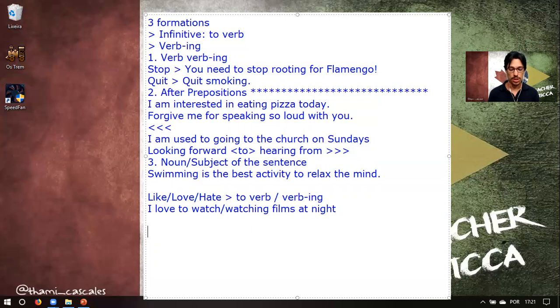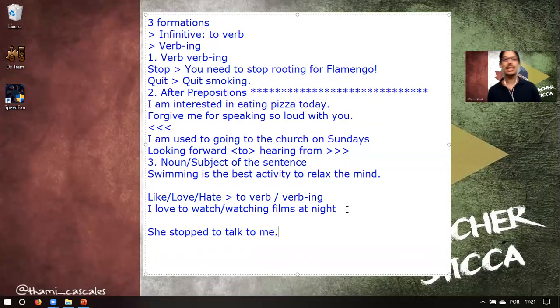Now, there are some situations in which it changes. For example, she stopped to talk to me. And this is a problem. Why is this a problem? Because I just told you that stop, you need to use an ing formation. So what do we do? In this case here, I am not saying the activity she stopped. I am talking about the reason she stopped.